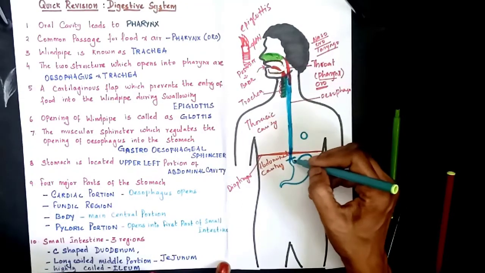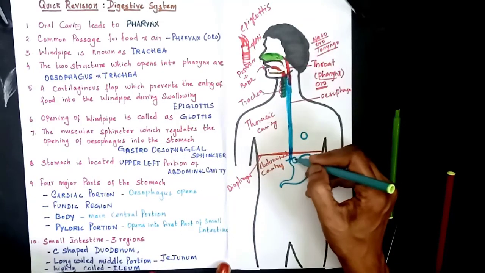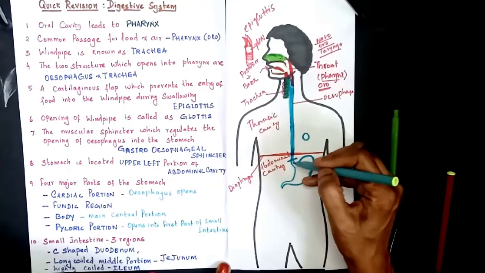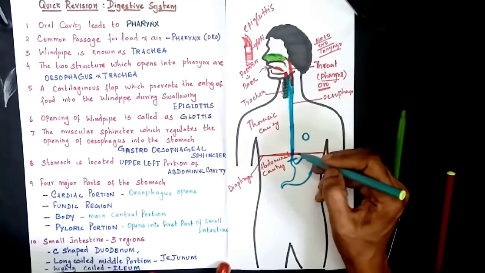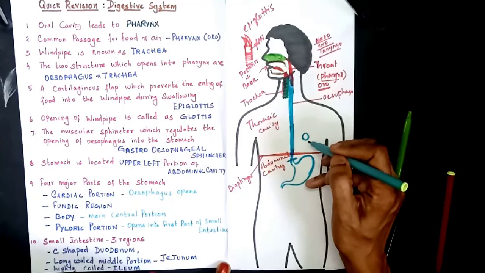That's why sometimes you feel irritation in the throat or a burning sensation, as in hyperacidity. All these things happen when the sphincter gets irritated and opens, so that the abdominal contents move up. So the main function is to close or regulate the opening of the esophagus into the stomach. This is called the gastroesophageal sphincter.